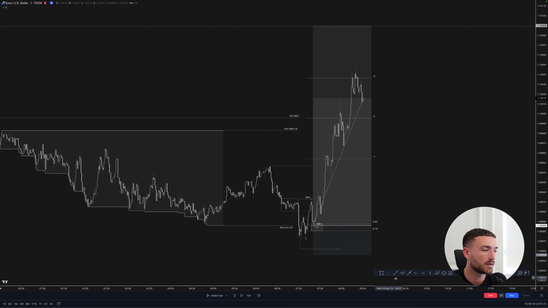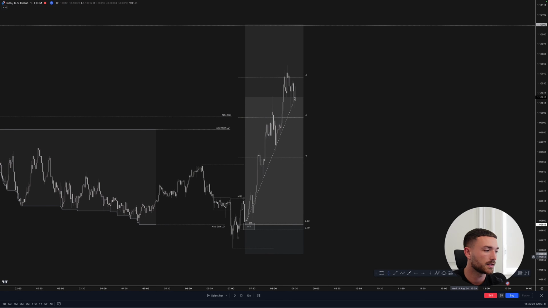So this is what I mean by partials, if no one understands. What I normally like to do is, at key points in the market or key potential areas I think price can reverse, that's 1 standard deviation, 2 standard deviations, 3 standard deviations, or even highs in the market, I see how my trade lines up with these levels. That being said, I would then look to exit some of my trades.